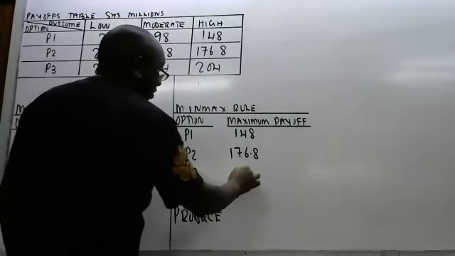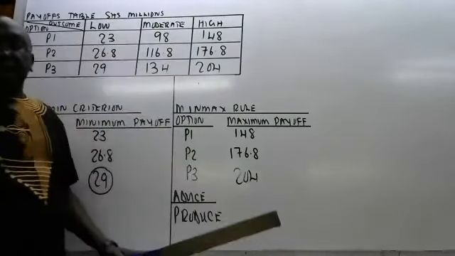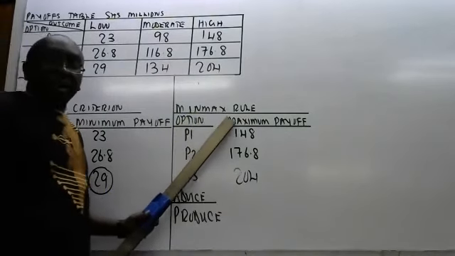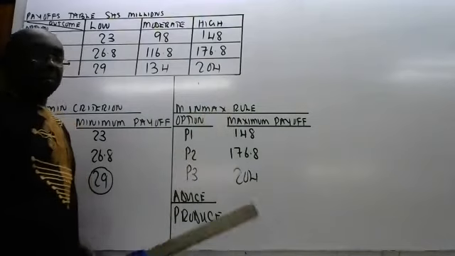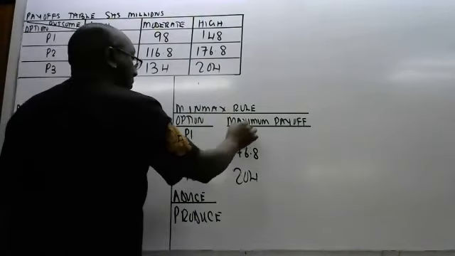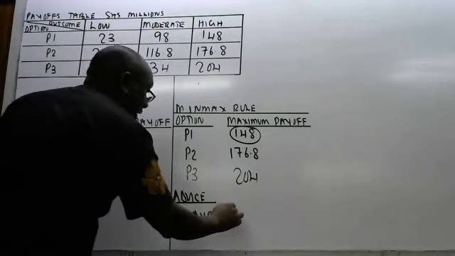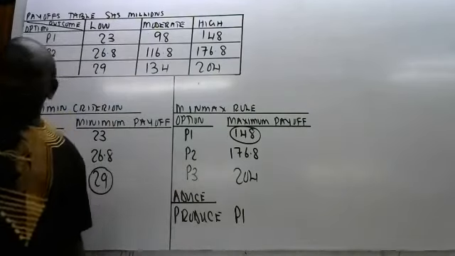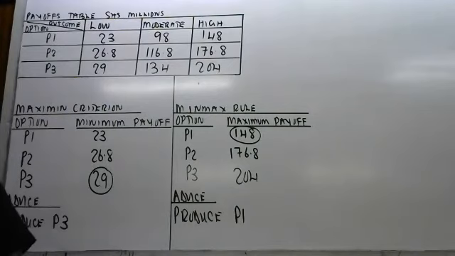That is 204. So again, this one will tell you select the minimum of the maximums. And that will happen to be this one. So you tell them to make P1. That is what we shall advise them to do. So ukimaliza hapo useme finished.